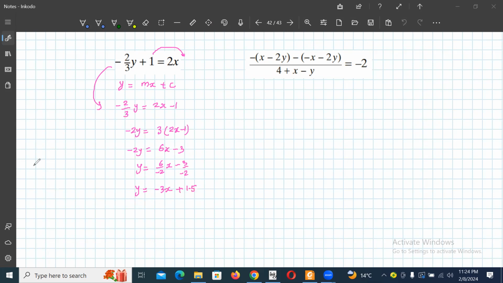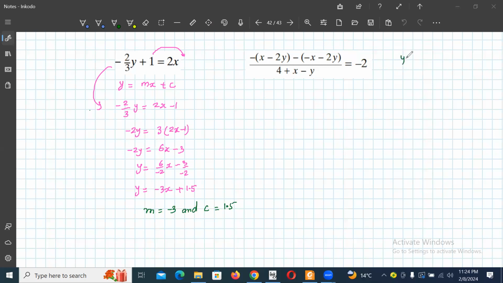So here my gradient m is equal to minus 3, and c, which is the y-intercept, where it cuts or intersects the y-axis, is 1.5. So we found it out.